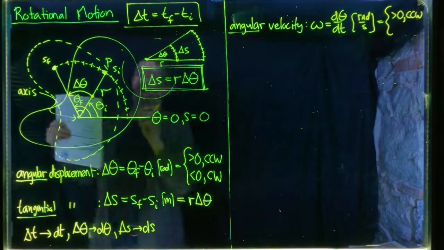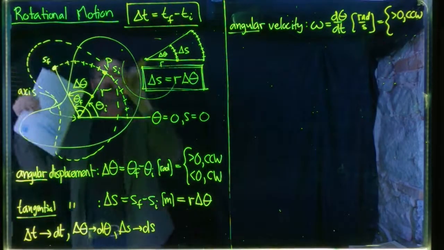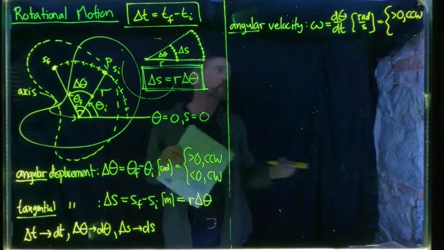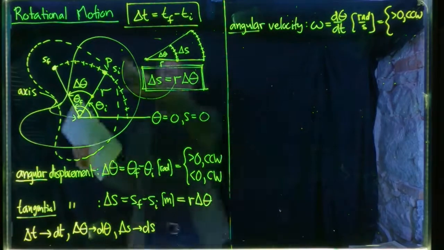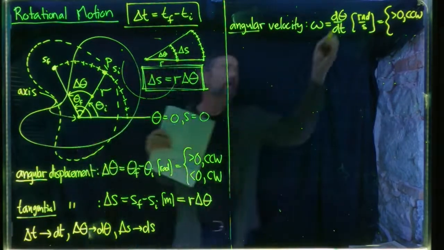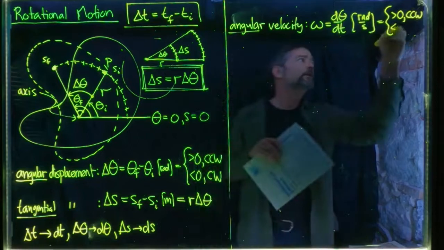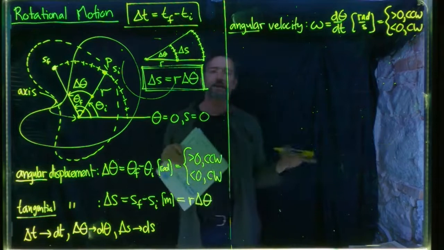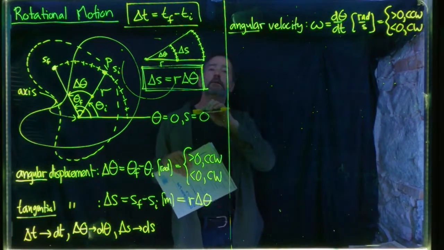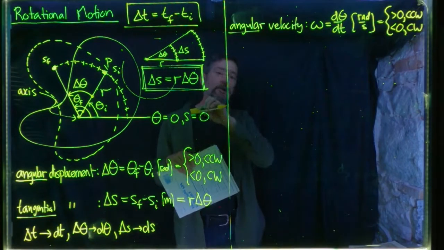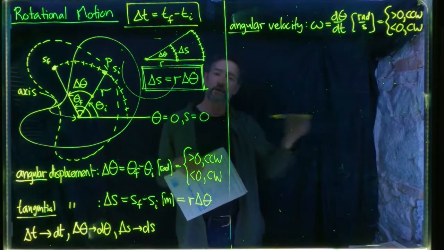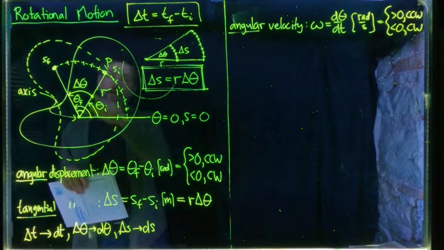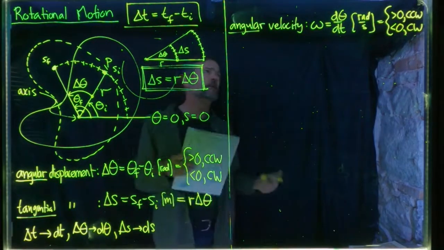If the angular position is increasing, then d theta dt is positive, and we are rotating counterclockwise. If the angular position theta is decreasing, then d theta dt is negative, the angular velocity is negative, and that corresponds to clockwise rotation. For linear motion, if the velocity is positive, you're moving to the right; if negative, you're moving to the left. If the angular velocity is positive, it's rotating counterclockwise. If negative, you're rotating clockwise.